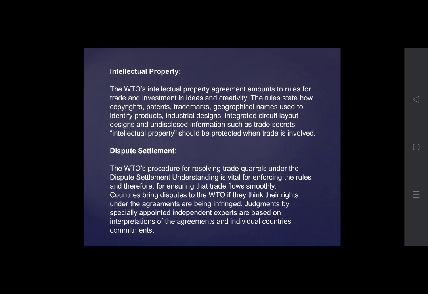Dispute settlement. The WTO process for resolving trade disputes under the Dispute Settlement Understanding is meant to ensure that trade flows smoothly.